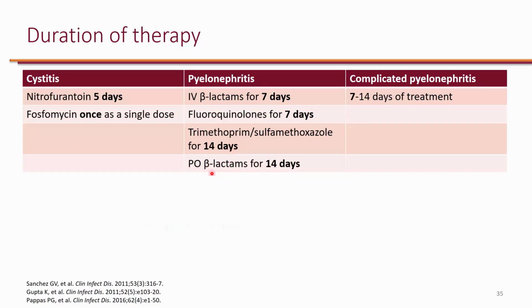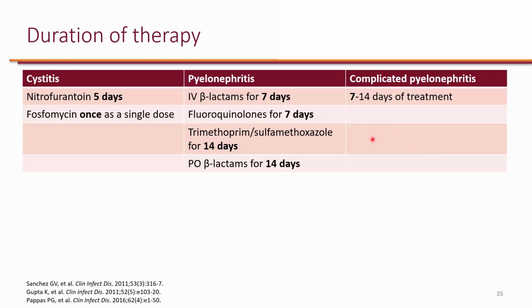Because PO beta-lactams are inferior to IV beta-lactams, you need 14 days of treatment, and PO beta-lactams are the last option. Let's say someone got 3 days of IV beta-lactam, then they get 11 days of trim-sulfa to complete 14 days of treatment. With complicated pyelonephritis, we do not have clinical practice guidelines.